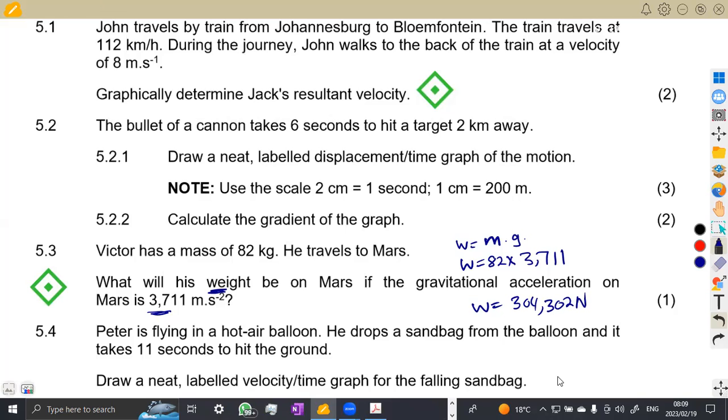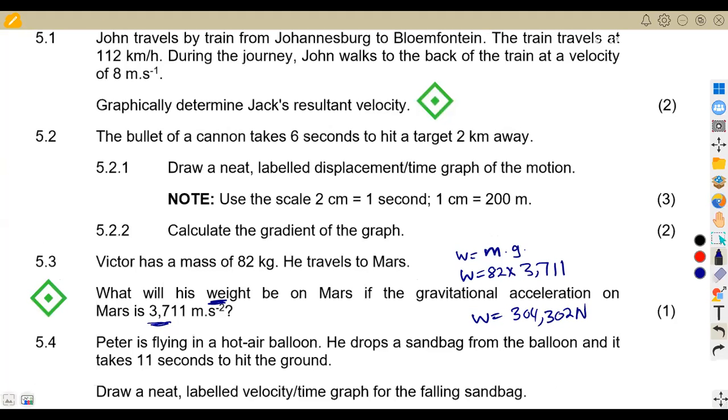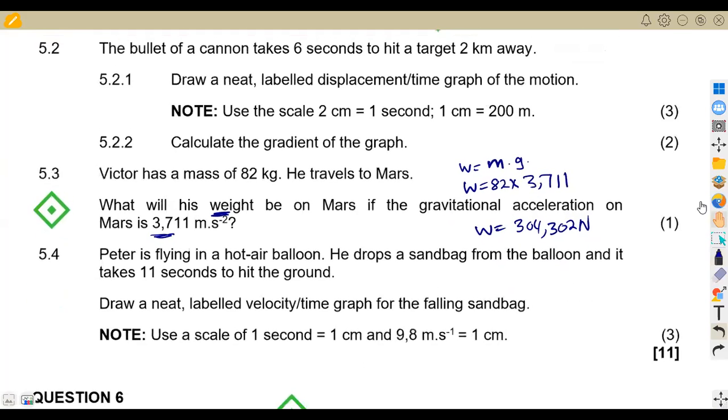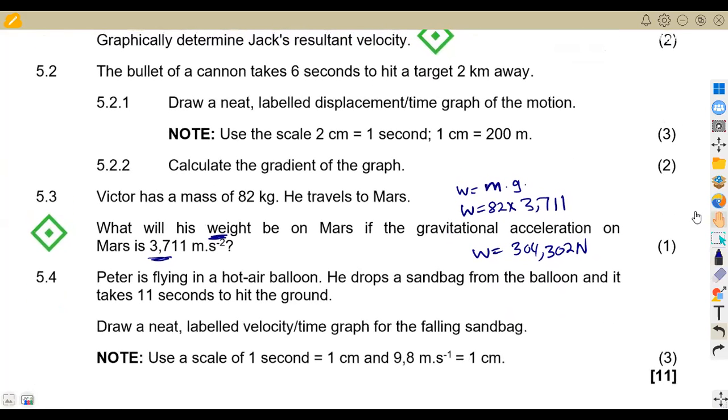If we check question 5.4, we are now given that Peter is flying in a hot air balloon. He drops a sandbag from the balloon and it takes 11 seconds to hit the ground. We are given the time it is going to take to reach the ground.